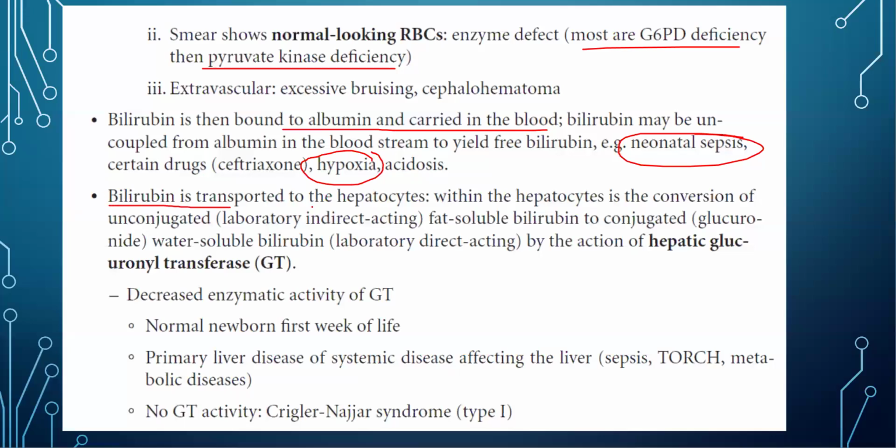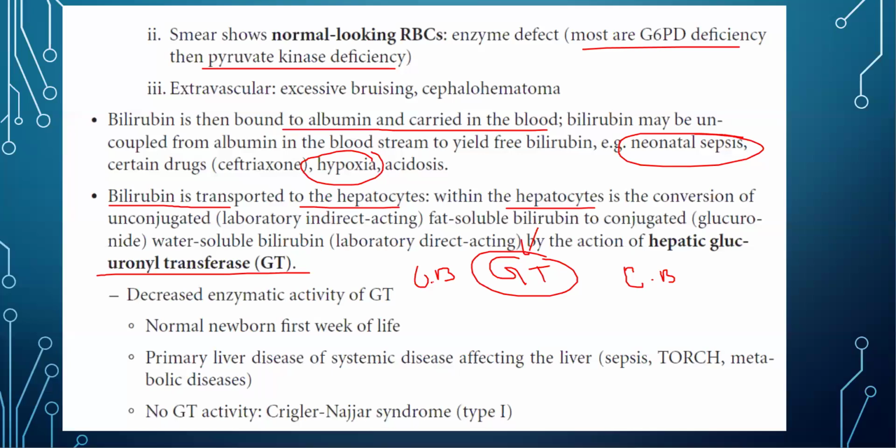So you know that bilirubin will be transported to the hepatocyte, and within the hepatocyte, by an enzyme, glucuronyl transferase, which is the GT, unconjugated bilirubin will become conjugated bilirubin. What if there is a decreased activity of this enzyme?